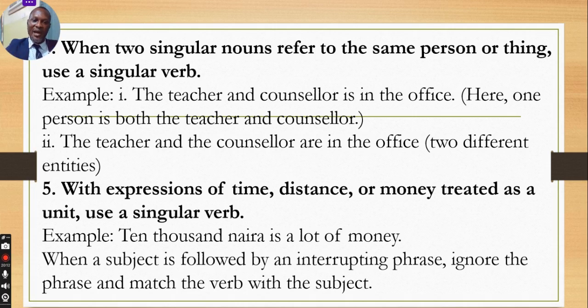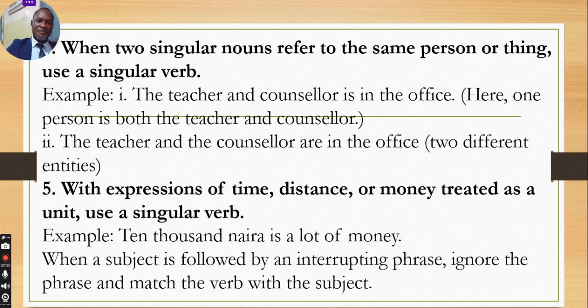So the determiner has already shown that we have two different subjects or two different persons or two different entities. So in this case, when you have a determiner preceding each of these singular nouns, then we are going to use a plural verb. I hope this is clearly understood.